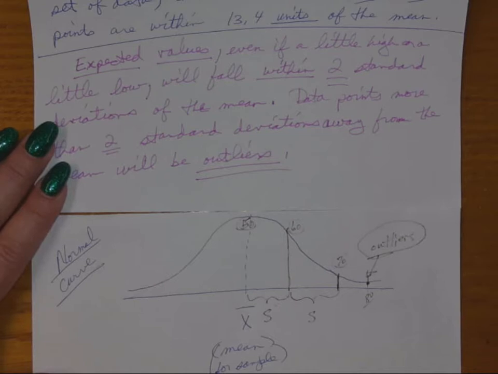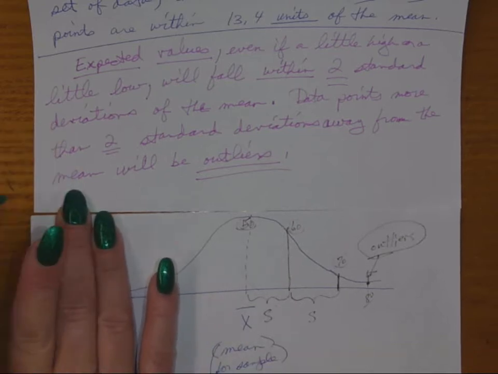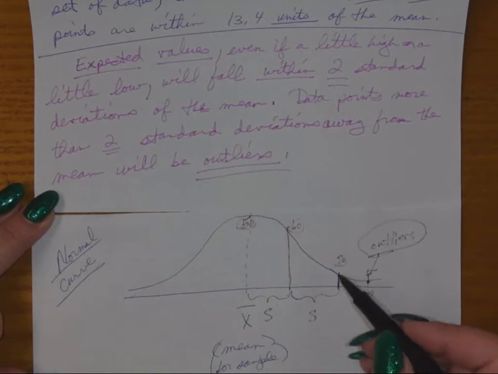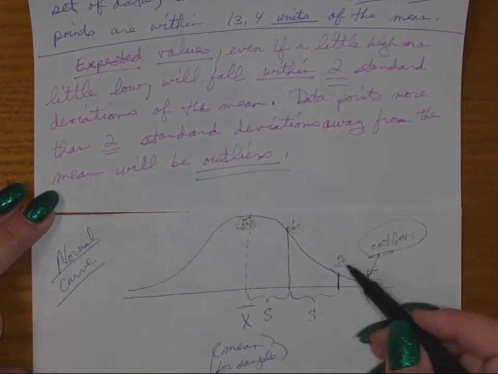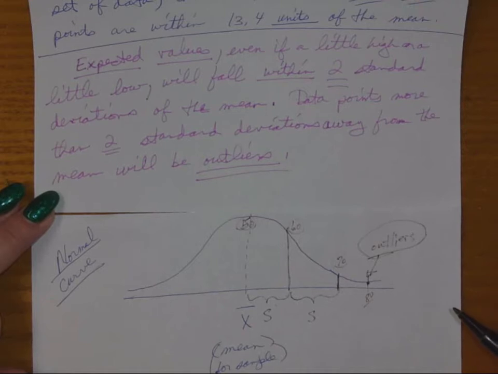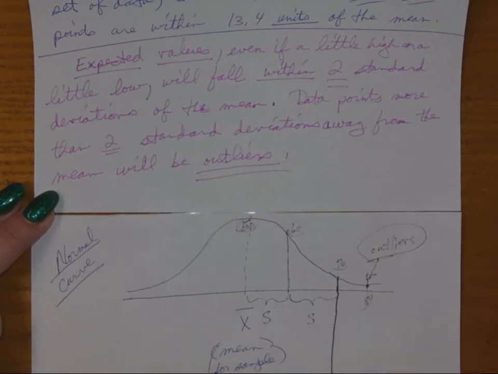Maybe something weird's going on. Let me look at that particular test, or let's see if we can throw that one out. Basically, within 2 standard deviations above, you're okay. You're an expected value.